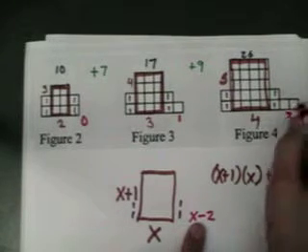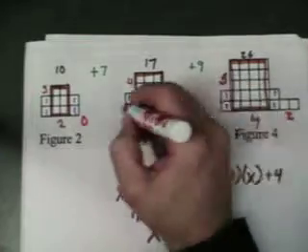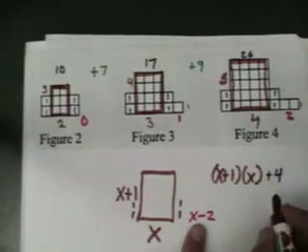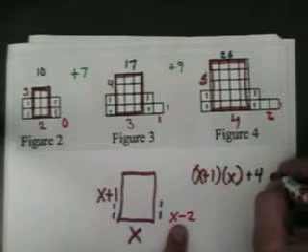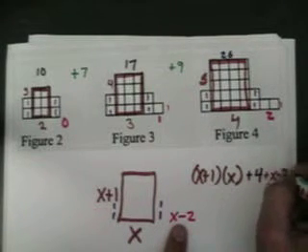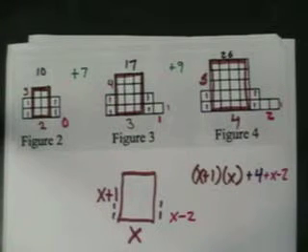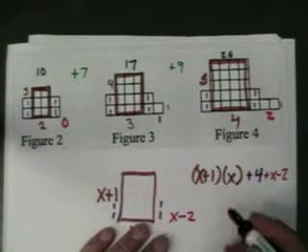The reason I'm not multiplying is that the x minus 2 was always just 1 tall, so I know it's just going to be 1 times x minus 2, so we're just going to add x minus 2. We're going to simplify by multiplying it out, and let's see what we get.